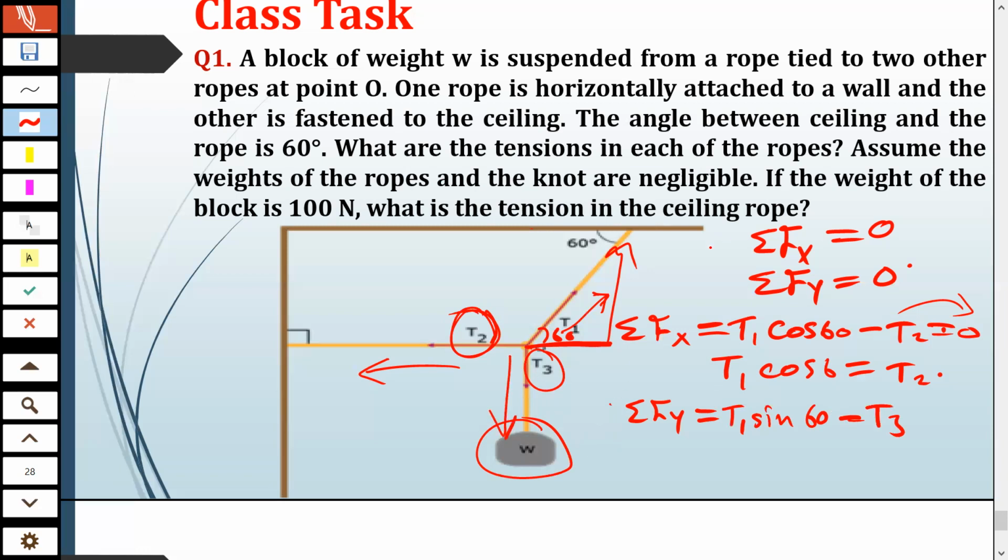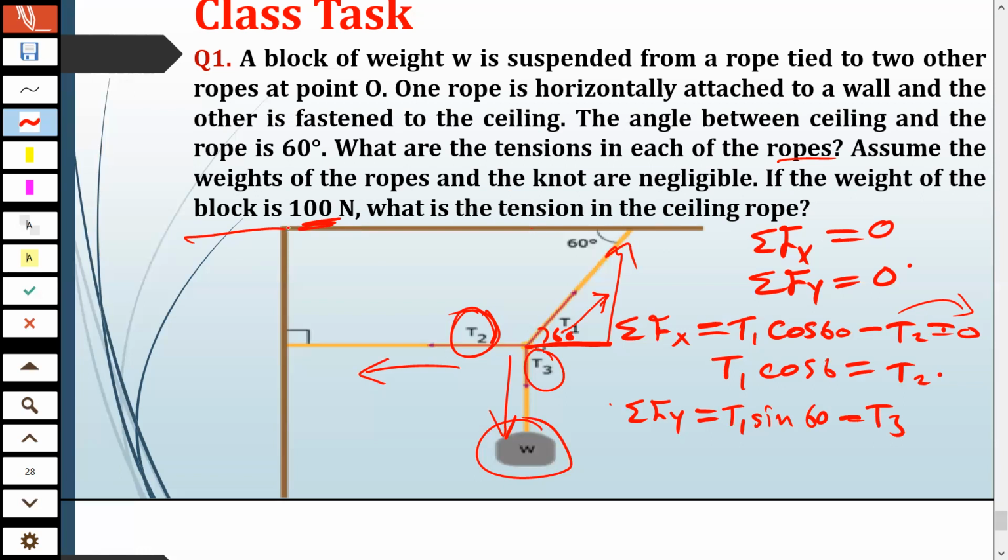According to the question, they are asking what the tensions in each rope are, assuming the weights of the ropes and the knot are negligible. If the weight of the block is 100 newtons, what is the tension in the ceiling rope?